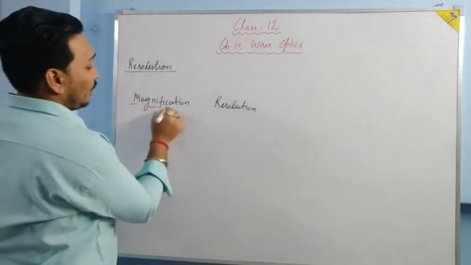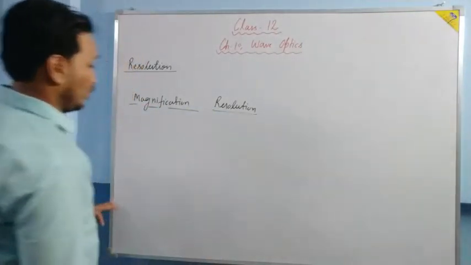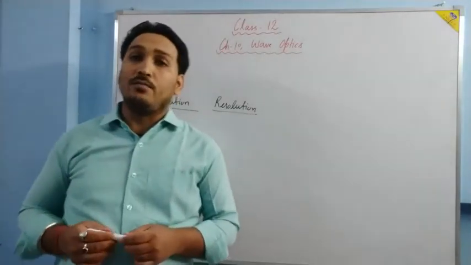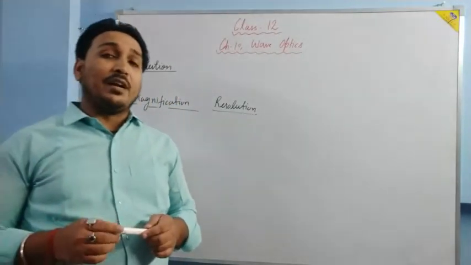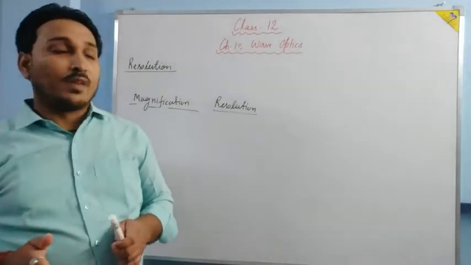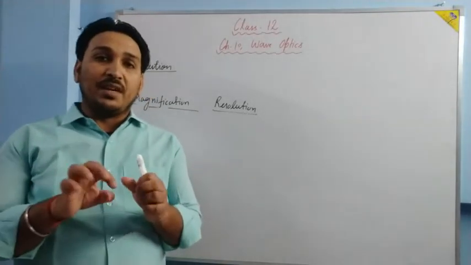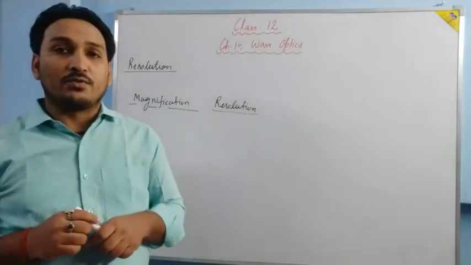What does magnification mean? What does resolution mean? Magnification means to magnify the object. We see a magnified image of an object. And resolution means how the things are being resolved in the image.